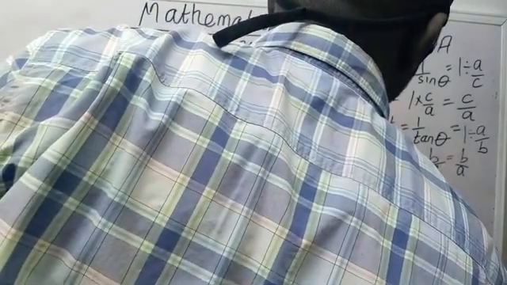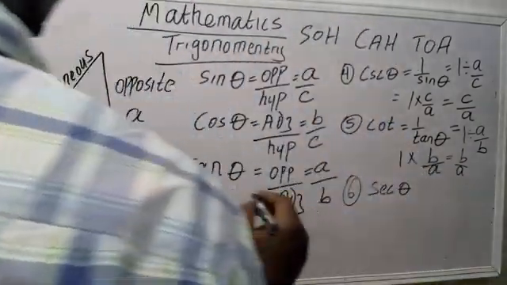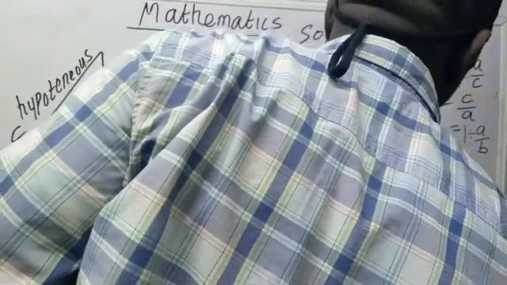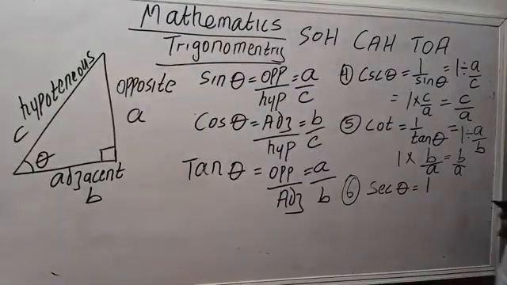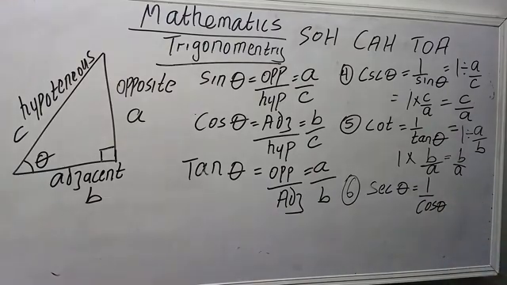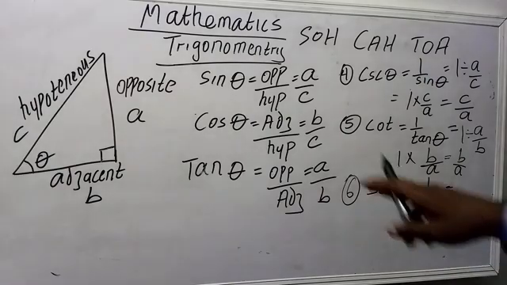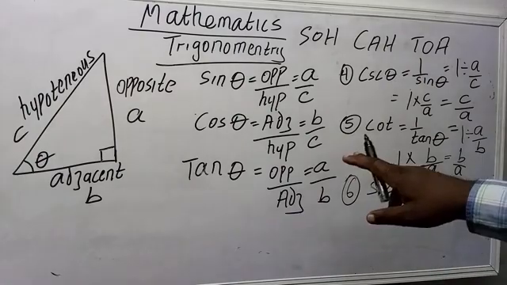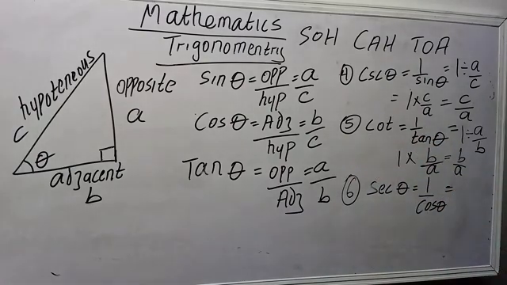Number 6 is secant, which is the inverse of cos, 1 over cos theta. As I said earlier, cos theta is adjacent over hypotenuse.